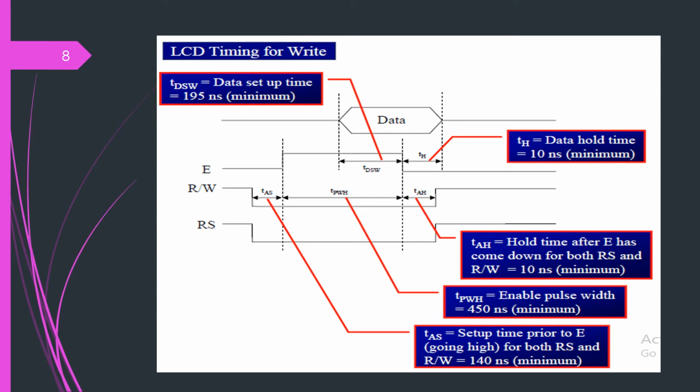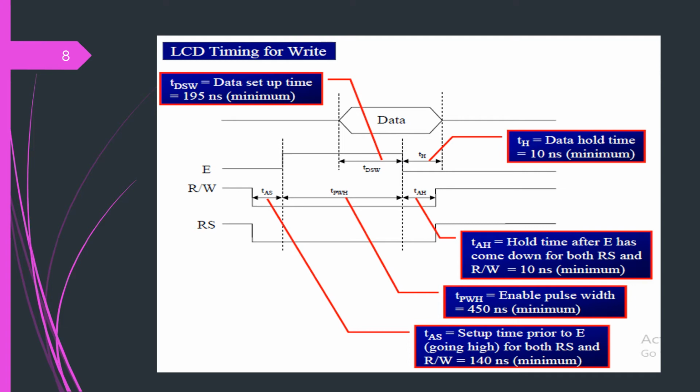Then return home, again all zeros and only DB1 is 1. This sets DDRAM address 0 as the address counter, and also returns the display, if shifted, to its original position. Display data RAM contents remain unchanged, and this also takes 1.64 milliseconds.